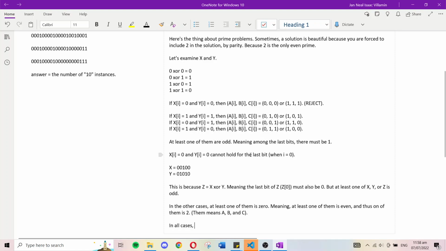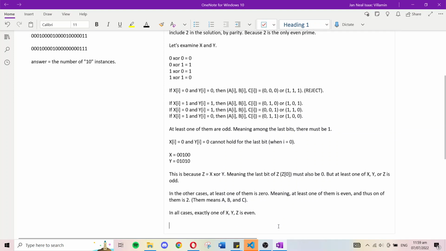Okay. In all cases, at least one of x, y, and z is even. Not actually at least one, but exactly one. You can check it for yourself, right? You can check it for yourself. Z becomes 0 here, z becomes 1 here, z becomes 1 here. Okay. So, yeah.